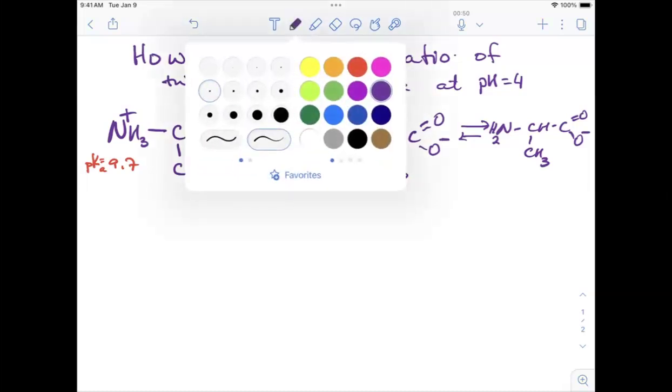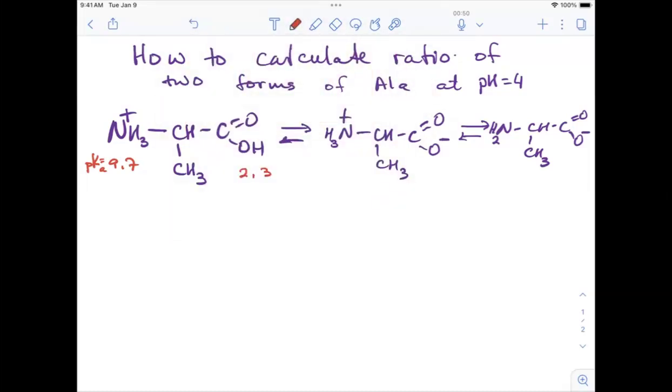Let's label them: the first pK is 2.3 and the second pK is 9.7. At 9.7, that's where the amino group loses the proton, and at 2.3, it's this proton that comes off, leaving behind the carboxyl group.